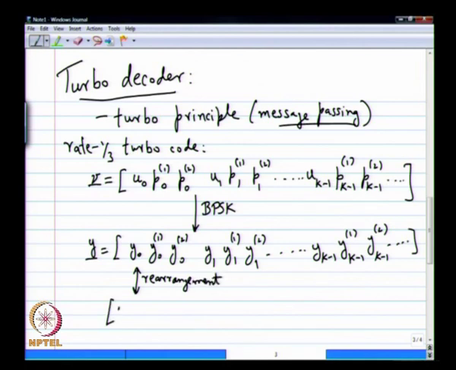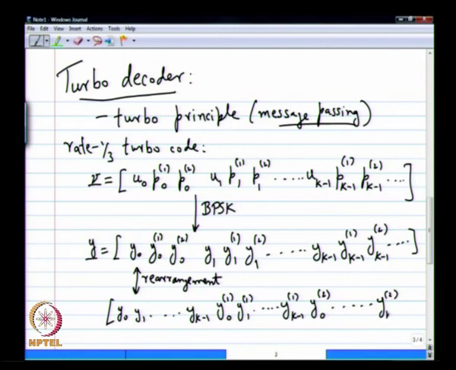You can do a rearrangement and think of it as y0, y1 all the way to y_{k-1}, and then you have y10, y11 all the way up to y1_{k-1}, and y20 all the way up to y2_{k-1}. Of course, you also have the termination ones, which you have to use suitably. I am not showing how you split that. You can split it depending on how you want.